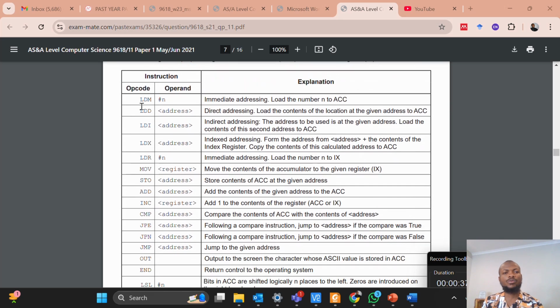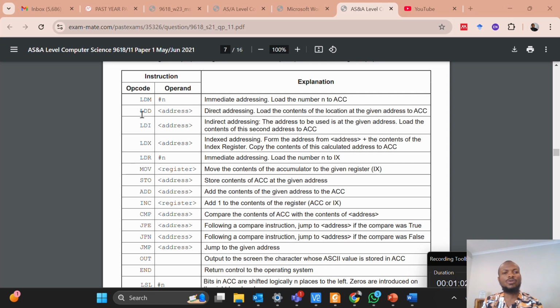So let's take, for example, LDM #6. That means it loads 6 into the accumulator. It does it immediately. It doesn't go to an address before it does that. LDD address is direct addressing. This loads the contents of that address to the accumulator.